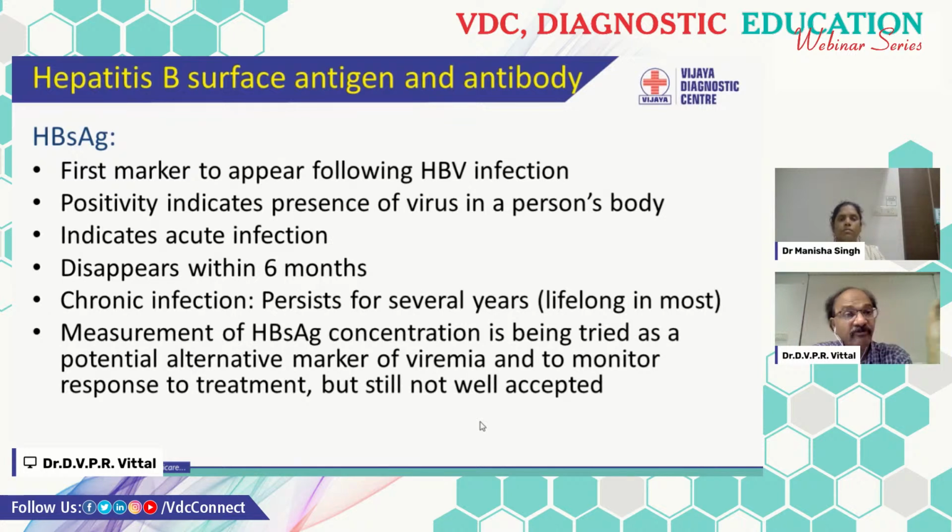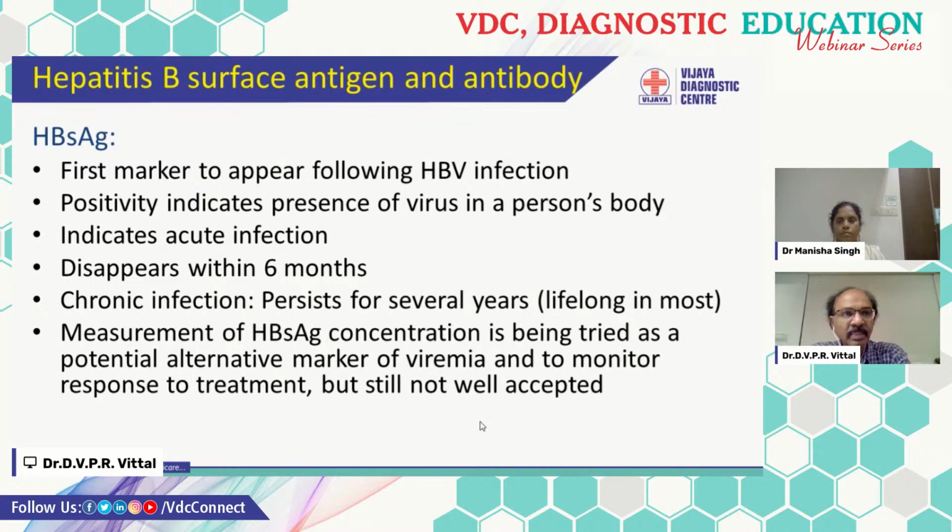So, if the patient still tests positive even after 6 months of exposure, then it is a chronic infection and the patient may become a carrier. That is what is said here. Chronic infection: this particular antigen persists for several years or lifelong.